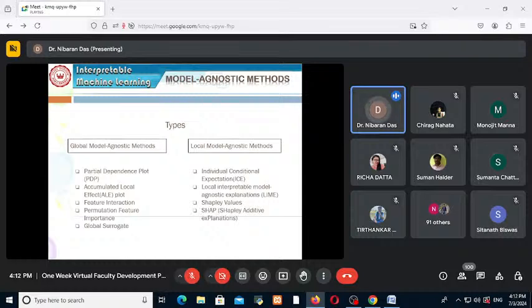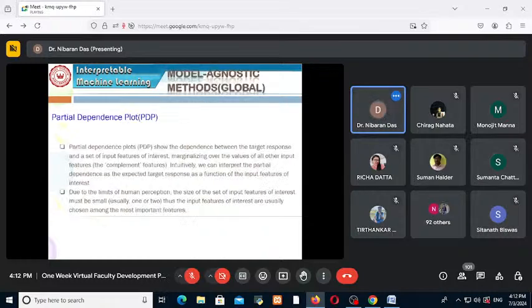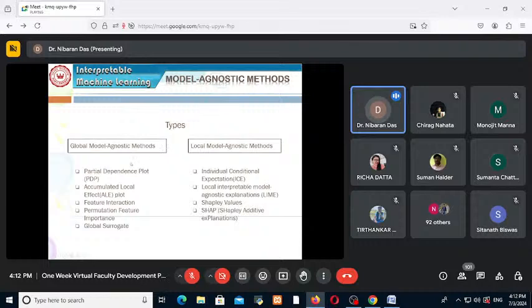In global model agnostic methods, there are several methods, and we will discuss some of them: the partial dependence plot, the accumulated local effect plot, feature interaction, permutation feature importance, and global surrogate. For local model agnostic methods, we will discuss individual conditional expectation, local interpretable model agnostic explanation (LIME), Shapley values, and Shapley additive explanation (SHAP).